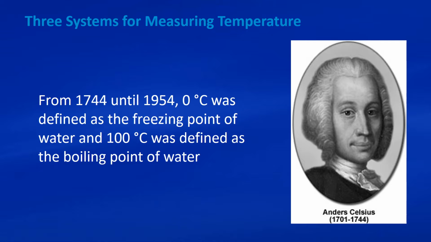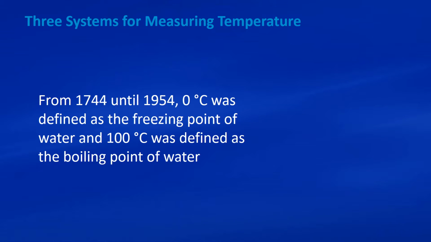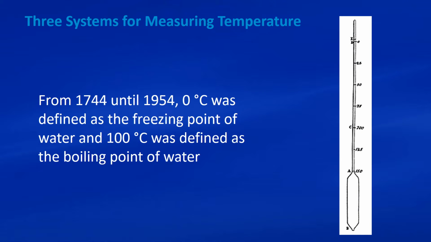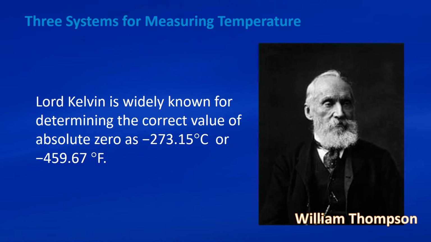And from that time, from 1744 until 1954, 0 degrees Celsius, by Anders Celsius, we used as the freezing point of water, and 100 degrees Celsius as the boiling point of water. Then along came William Thomson, and in 1954, he determined the correct value of absolute zero as negative 273.15 degrees Celsius or negative 259.67 degrees Fahrenheit.